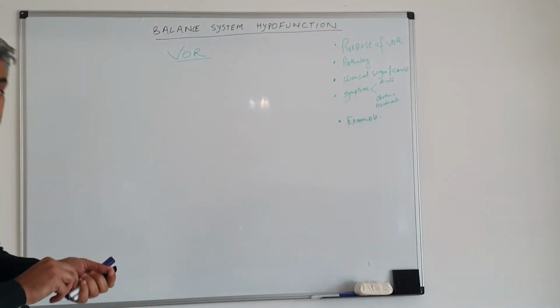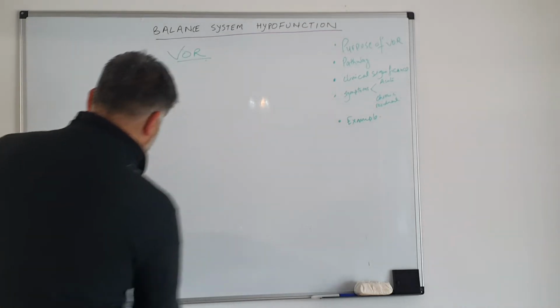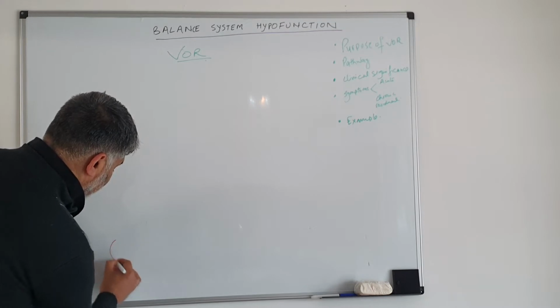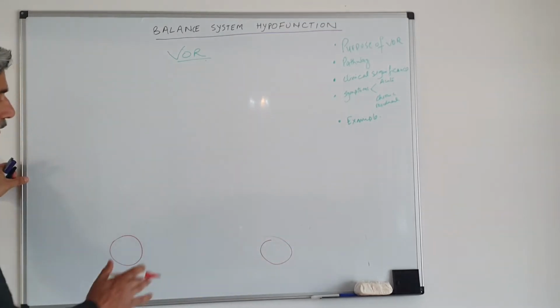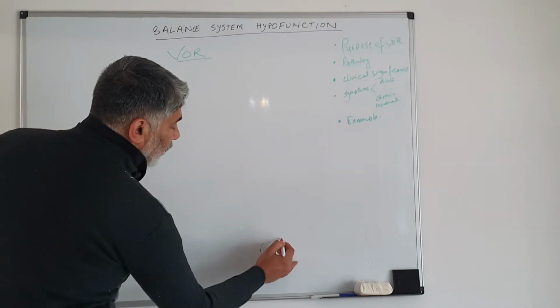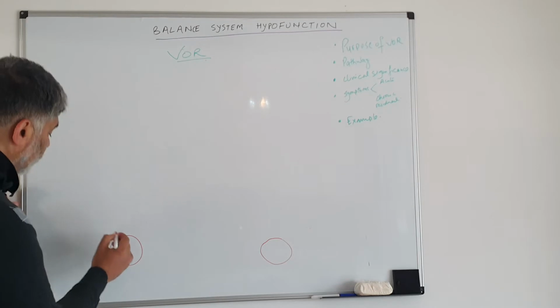Let me draw a diagram here now. I'm going with the pathway. These are your two semicircular canals. I'm just giving you one example of head angular rotation.